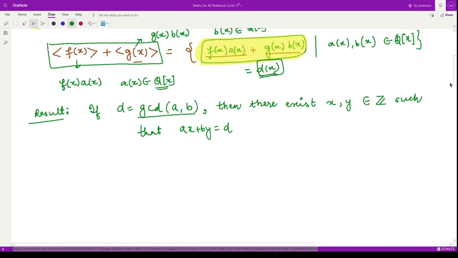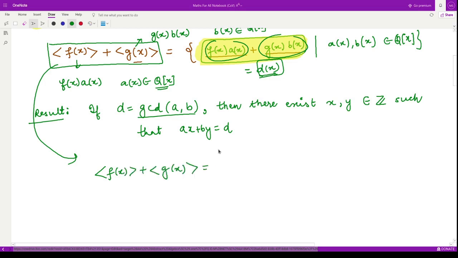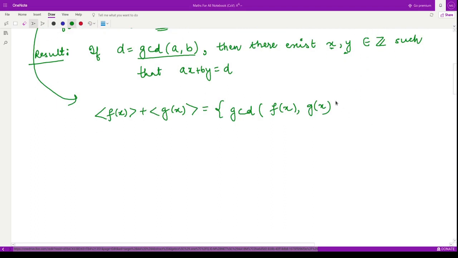So basically the ideal generated by f(x) plus the ideal generated by g(x) is equivalent to the GCD of the two polynomials, f(x) and g(x), because here a(x) and b(x) act as x and y, as polynomials. So we are to find the GCD of these two polynomials.